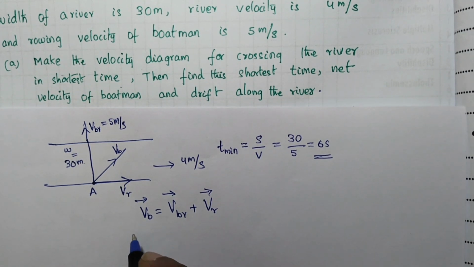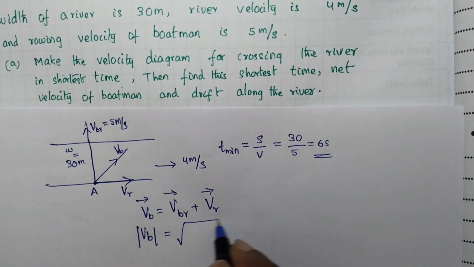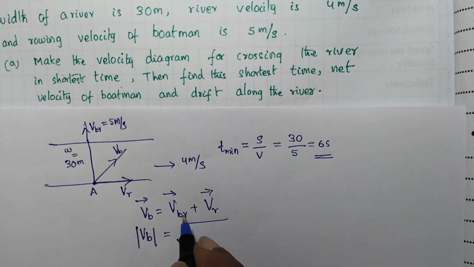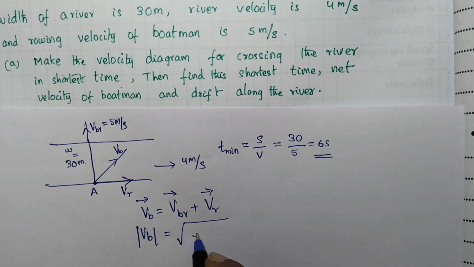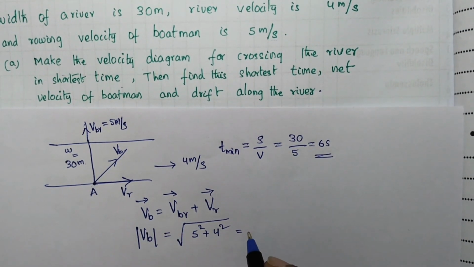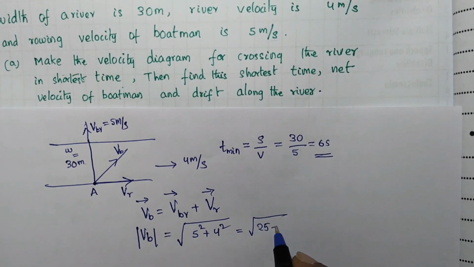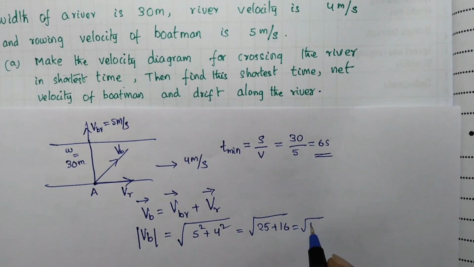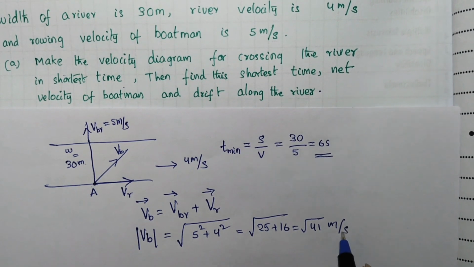So the net velocity VB is equal to root over, since they are perpendicular, 5 square plus VR, that is 4 square, which is root over 25 plus 16, that is equal to root 41 meters per second.